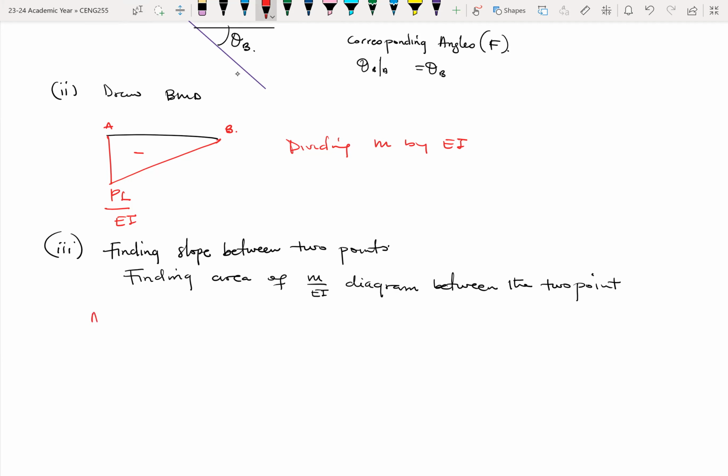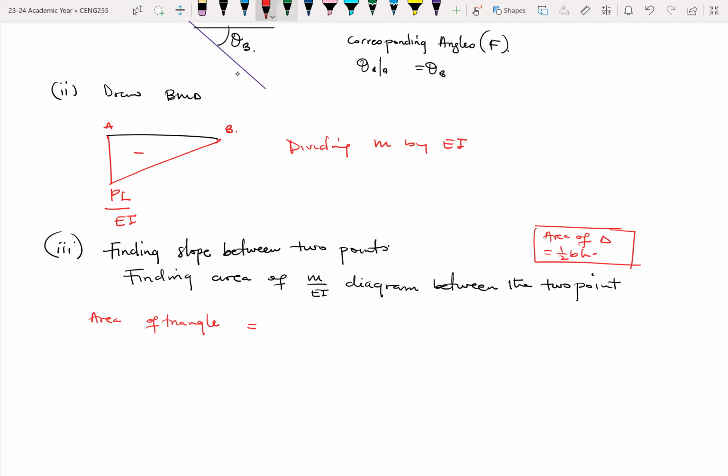The area of a triangle is half base times height, right? That's how we know how to find triangles, half base times height. So generally, area of triangle is equal to half base times height.